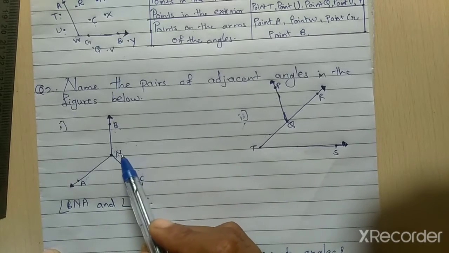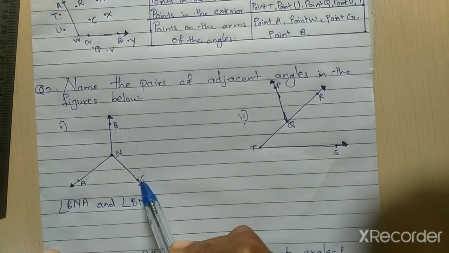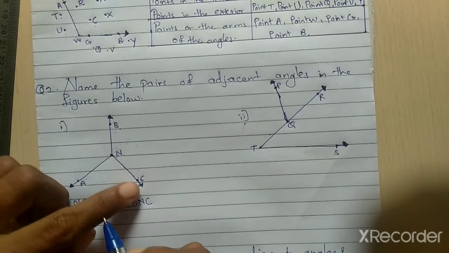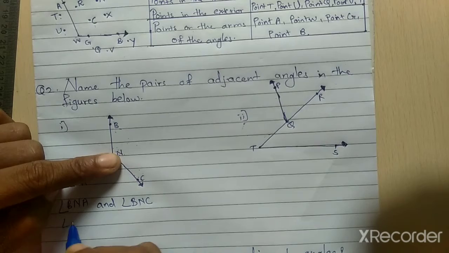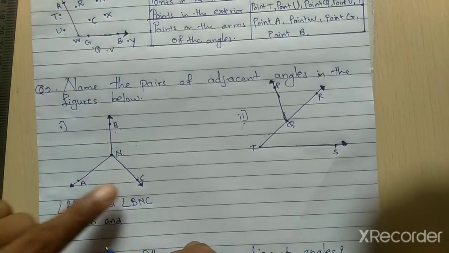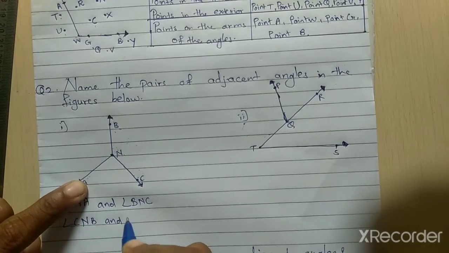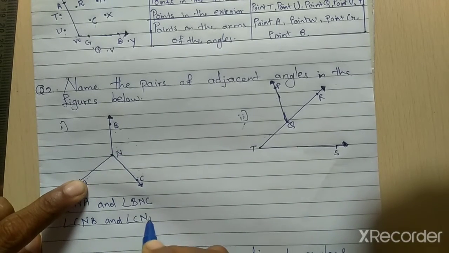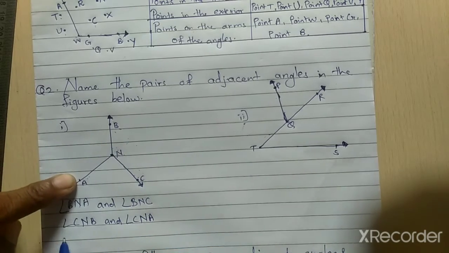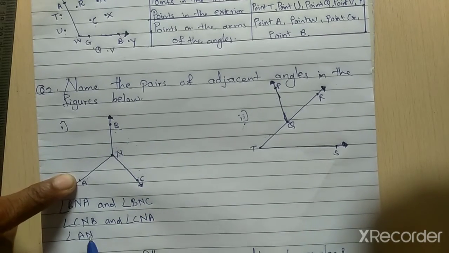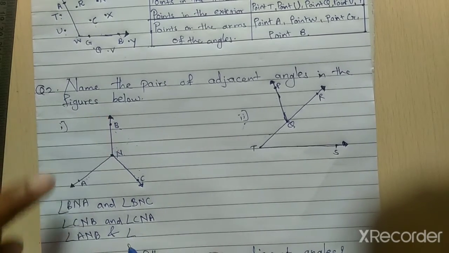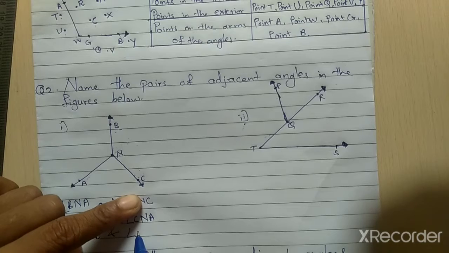If I take NC, meaning CN, as the common arm, then which angles? CNB and CNA. If I take AN as the common arm, then angle ANB and angle ANC.